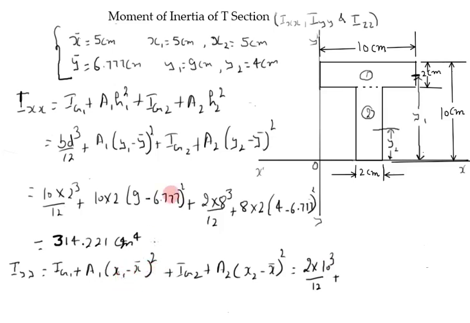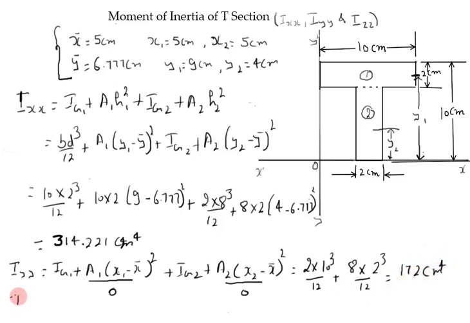Both are 5, x bar is 5, x1 is 5, so this term becomes 0, and this term also becomes 0. Ig2 has b parallel to the y-axis, this is 8, and d is 2 cube by 12. After calculation the value comes out as 172 centimeter to the power 4.